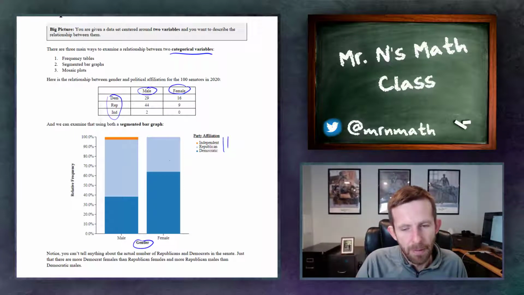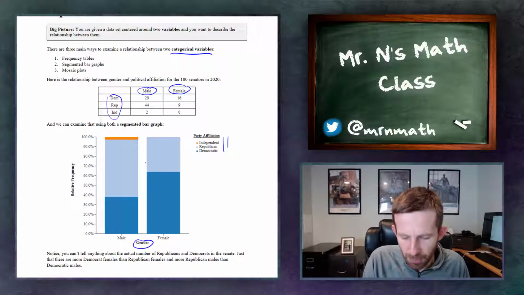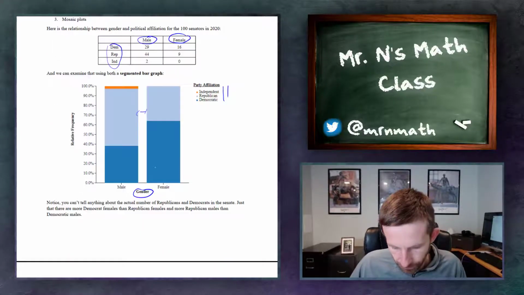So you can talk about things within a category, but you can't compare the straight numbers between the two.